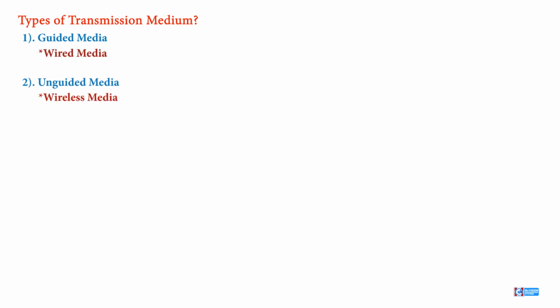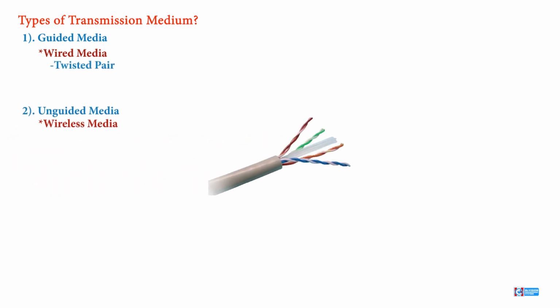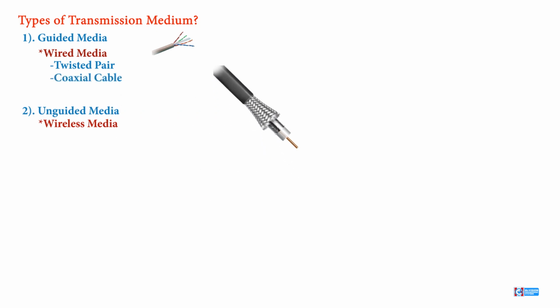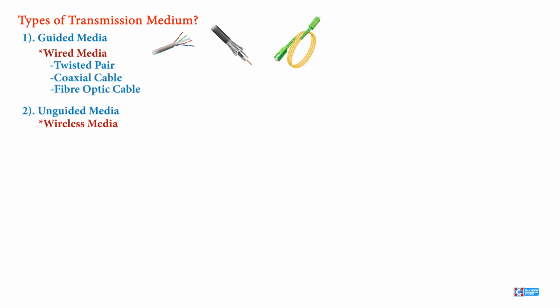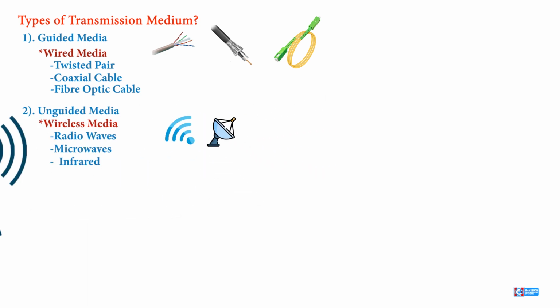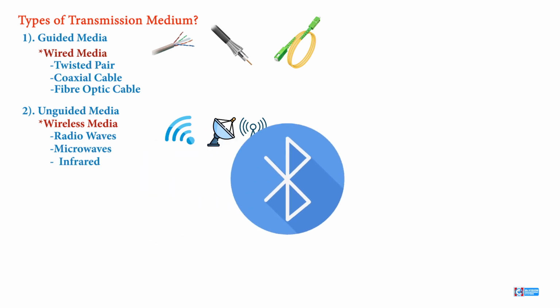Under the wired media, we have all the cable types, which include twisted pair cable, coaxial cable, and fiber optic cable. Under the wireless media, we have all the wireless communication media such as radio wave, microwave, and infrared. Examples of these wireless media technologies include Wi-Fi, satellite communication, cellular networks, and Bluetooth.